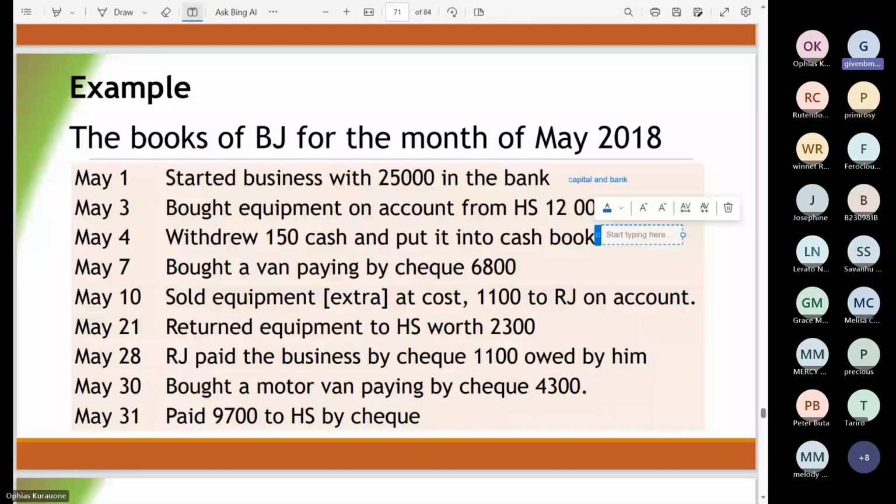You withdraw money from the bank. What is the master's cash? Bank account, cash. Withdrew 150 cash, and it's a transfer of an asset to another asset. We are removing money from the bank account to cash. All these are asset accounts.